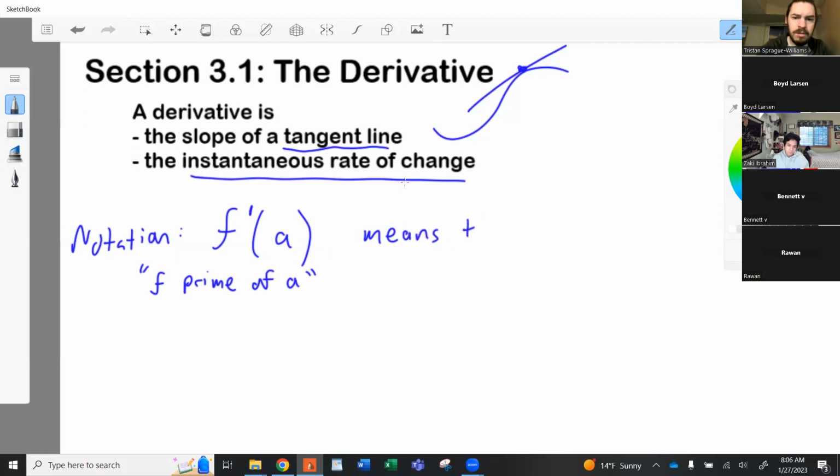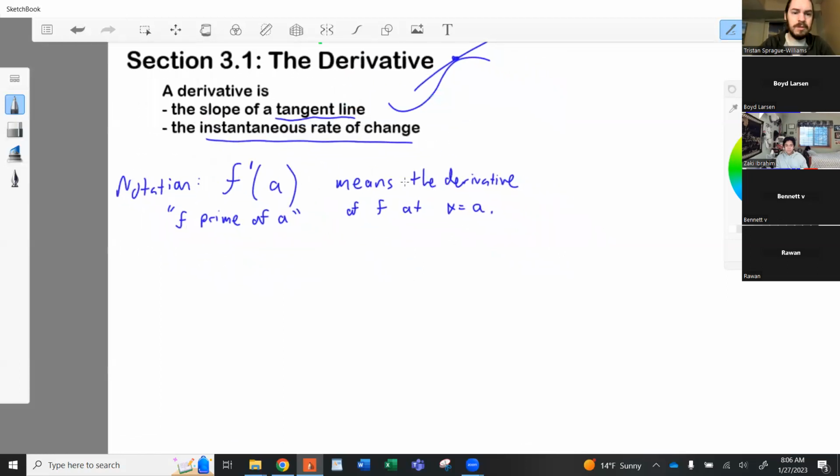And it means the derivative of F at the X value A. So that would mean the slope of the tangent line to the graph at A, or the instantaneous rate of change in the function at A. Right, so that's our new notation that we're going to use.